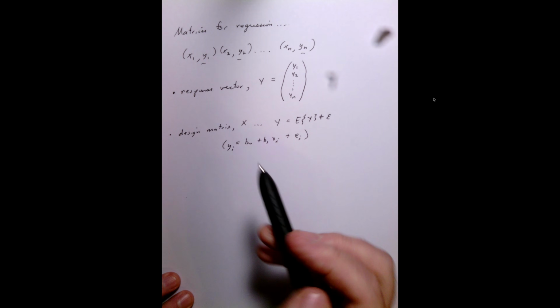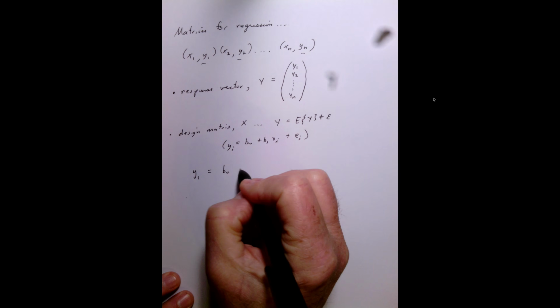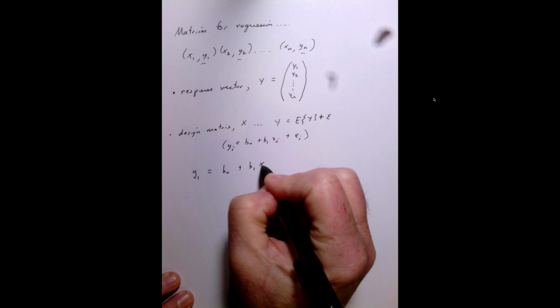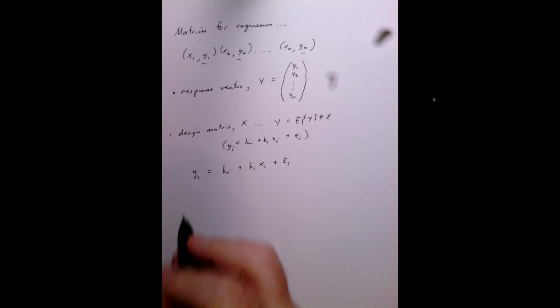For the very first entry, we have y1 equals beta 0 plus beta 1 x1 plus its own error term.